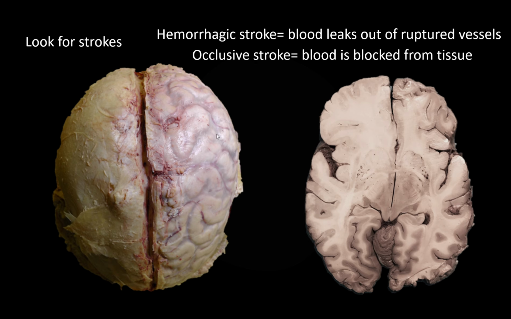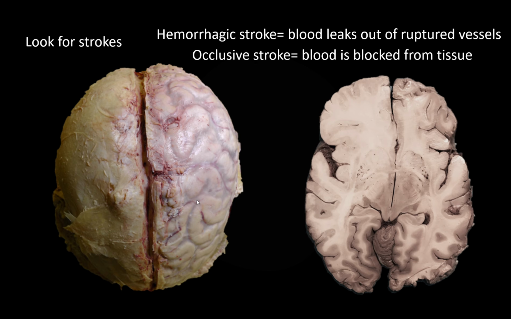And if you had a hemorrhagic stroke and you found the blood above this layer, it would be between the bone and the dura. And so that would be an epidural hematoma. And so that's one kind of hemorrhagic stroke.